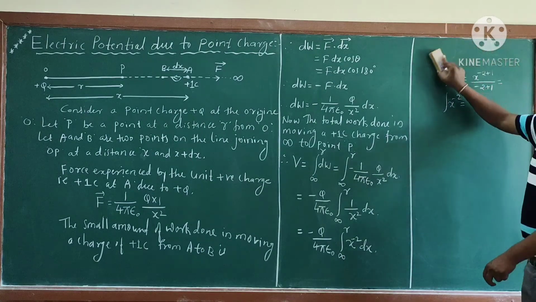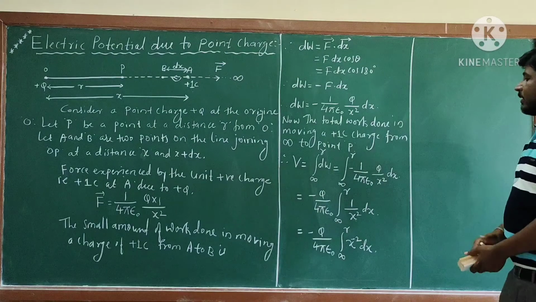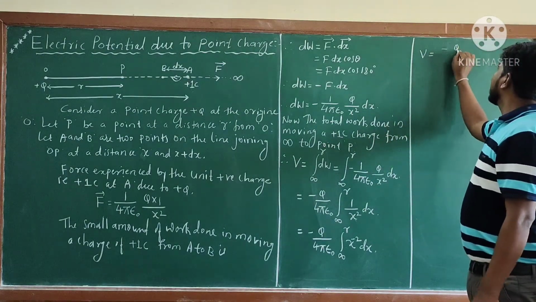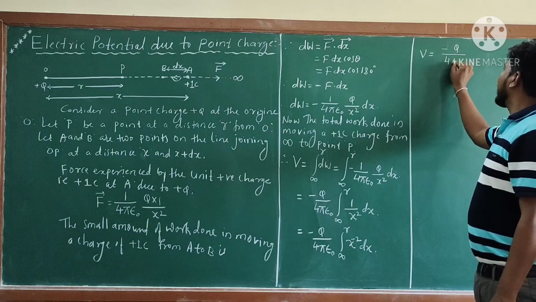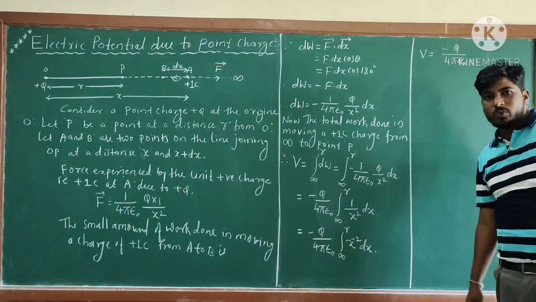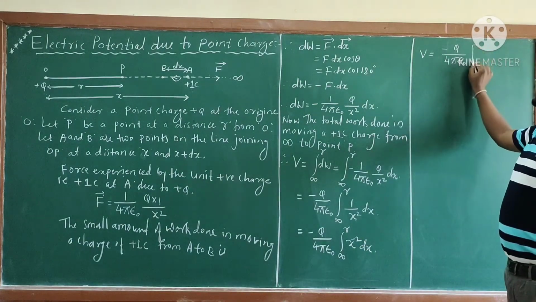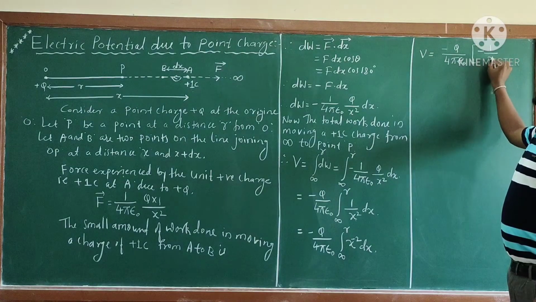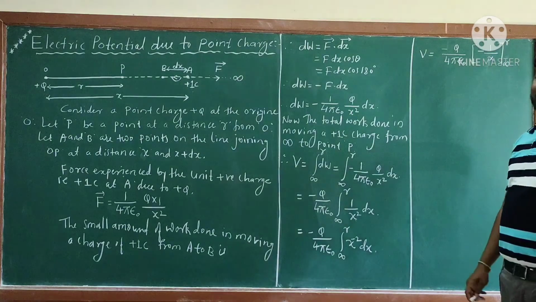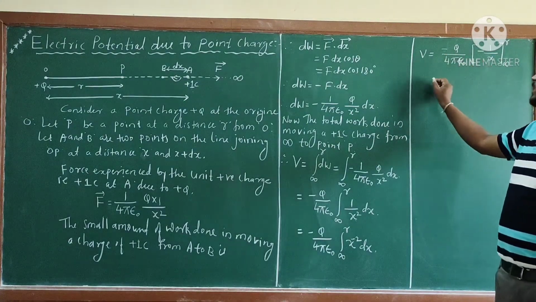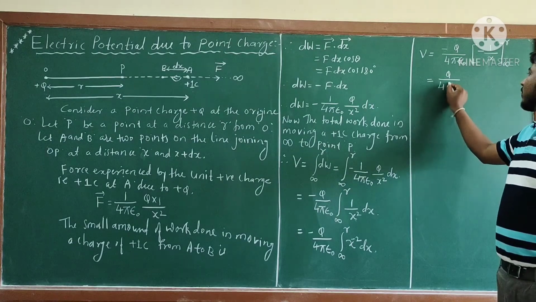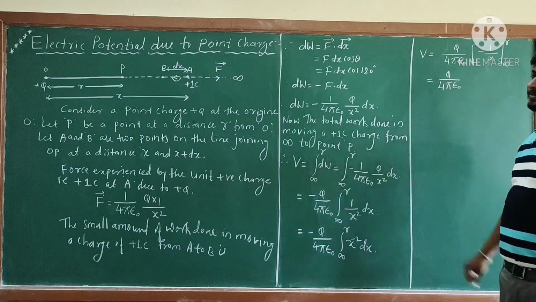Okay, so I will write directly here, that V is equal to minus q divided by 4 pi epsilon naught times the integration of x raised to minus 2, which gives minus of 1 by x, integral over infinity to r. So this minus becomes plus, therefore I write q divided by 4 pi epsilon naught.